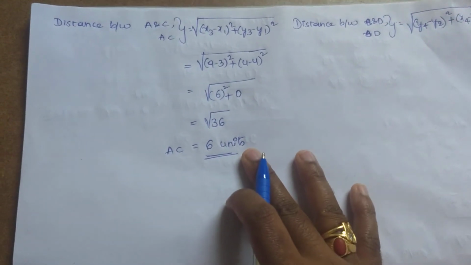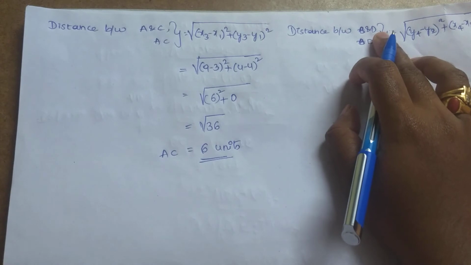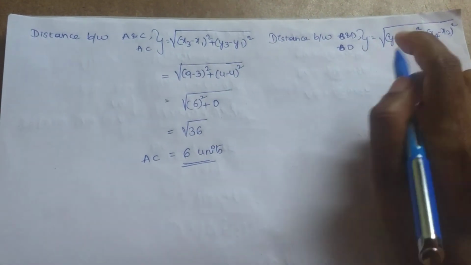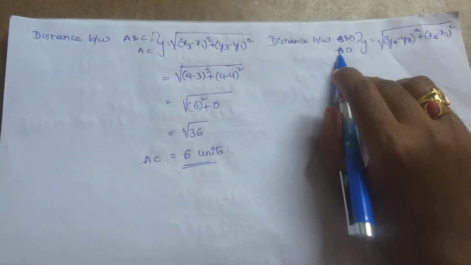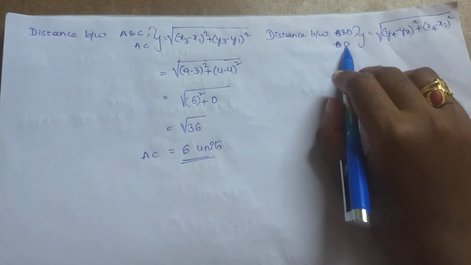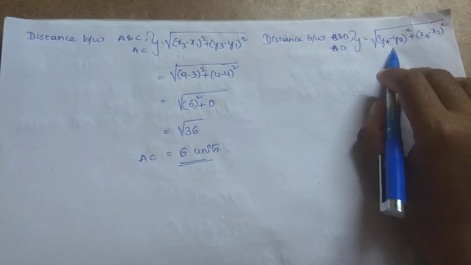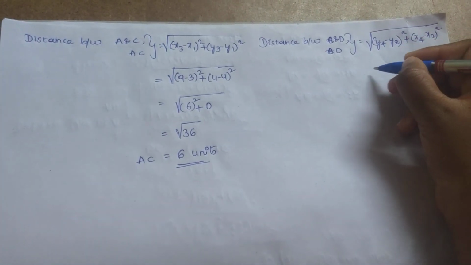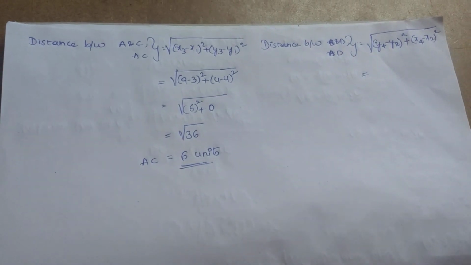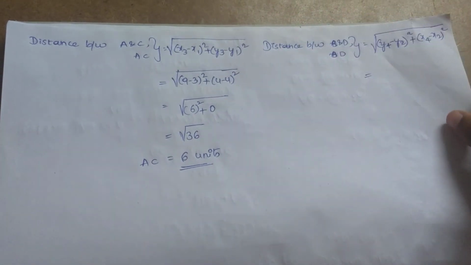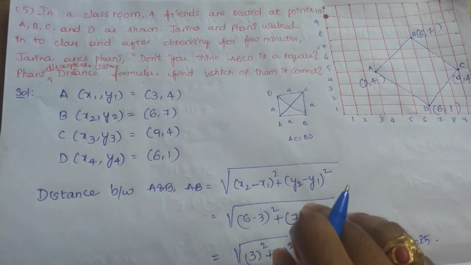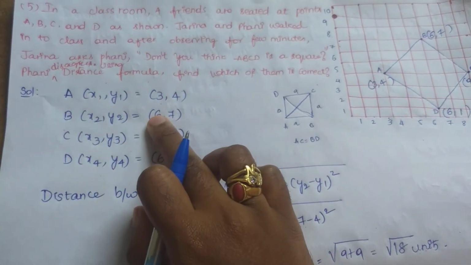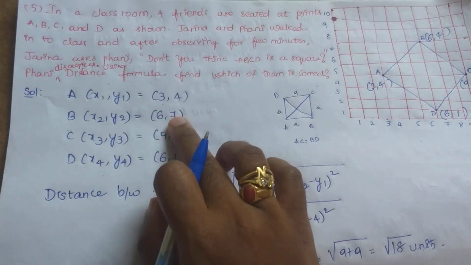In the same way, let's find the distance between B and D, where BD is the diagonal for the square ABCD. B we have considered as the points x2, y2 and D as x4, y4. So the formula will be x4 minus x2 whole square plus y4 minus y2 whole square. So here it will be 6 minus 6 whole square plus 1 minus 7 whole square.